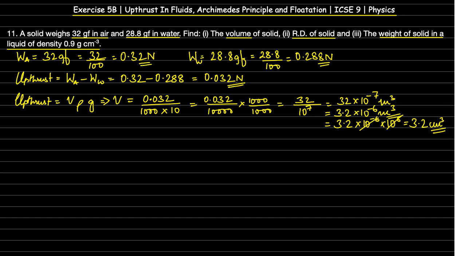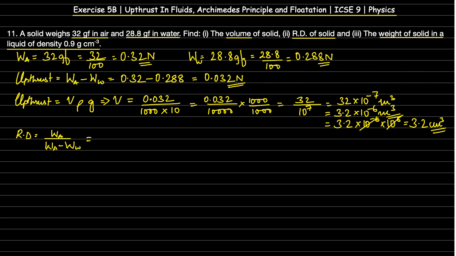So now that we have the volume, we can find the relative density. So for the relative density formula, I would be using weight in air divided by weight in air minus weight in water.